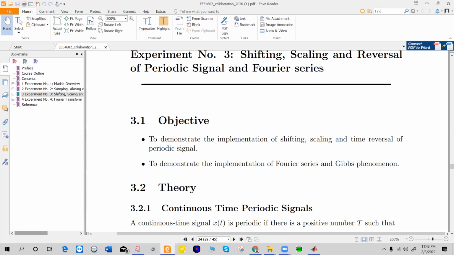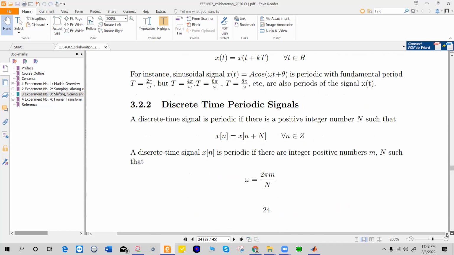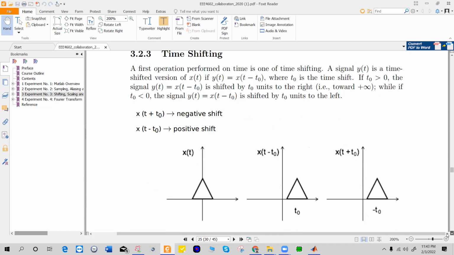Now, at first, let's have a recap about the three properties of a signal: shifting, scaling, and time reversal. So, if we consider that we have a signal x of t, say we have a function x of t.